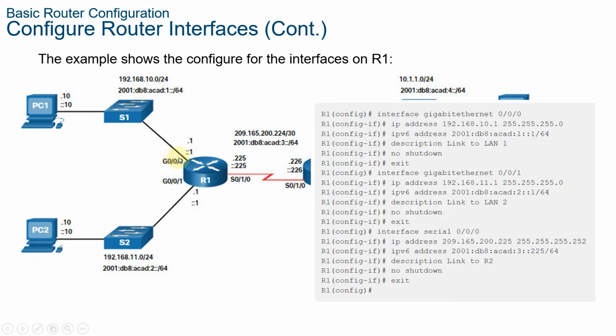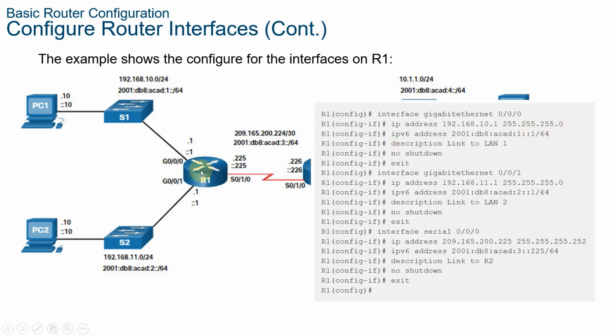connected to. So to get into it, interface GigabitEthernet 0/0/0, ip address 192.168.10.1, that's last 24, so you've got 255.255.255.0.